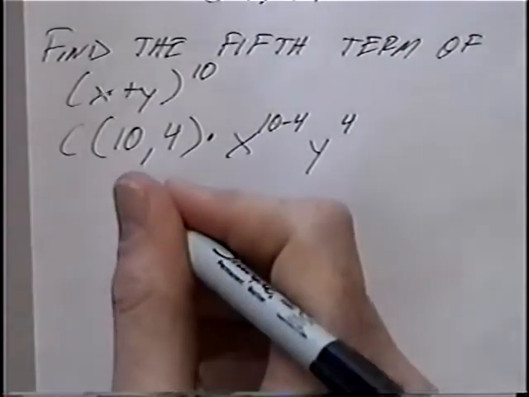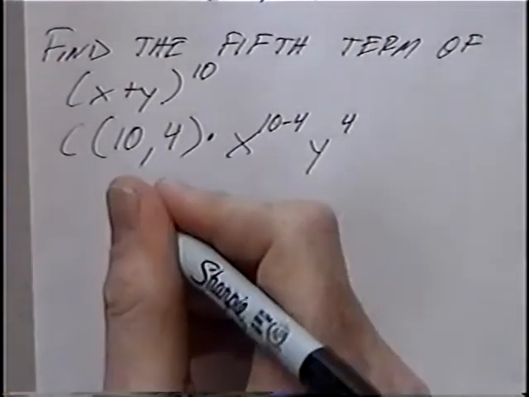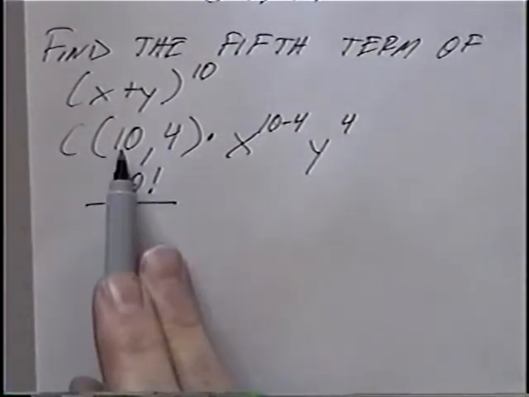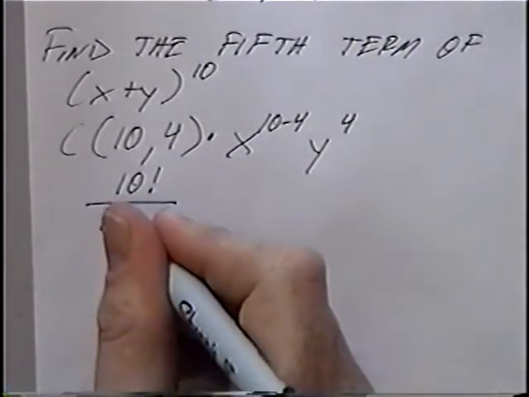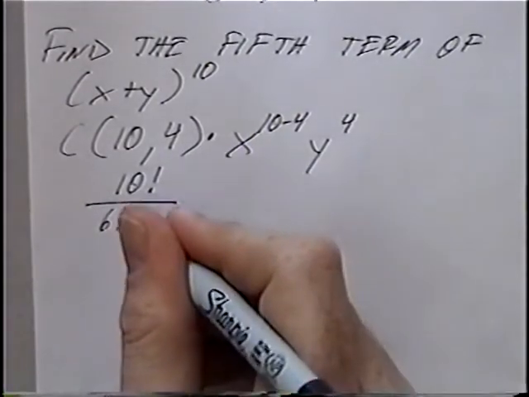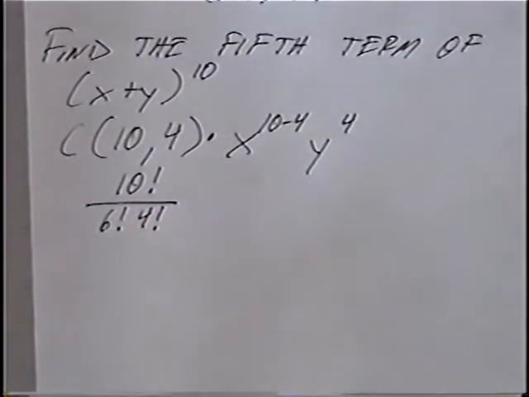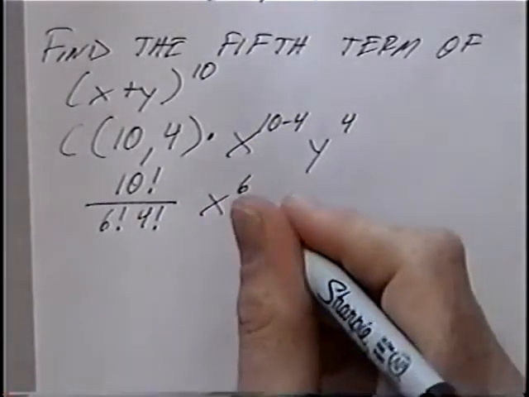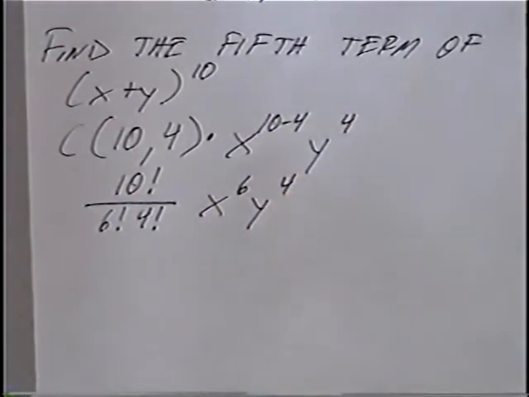Solving this, combination 10 comma 4 would be 10 factorial divided by 10 minus 4 factorial, which would be 6 factorial. Also divided by r, which is another 4 factorial. And we'll have x to the 6th power and y to the 4th power.